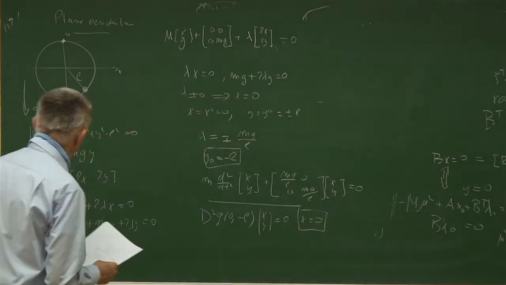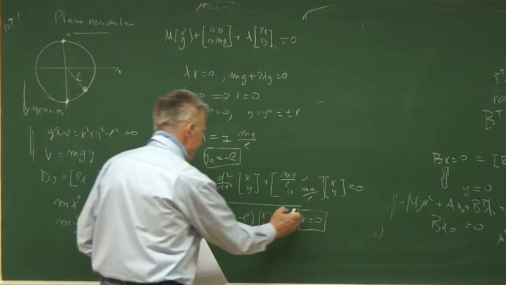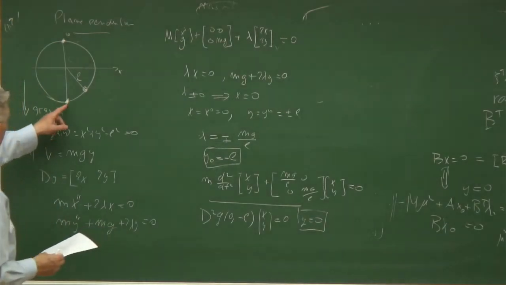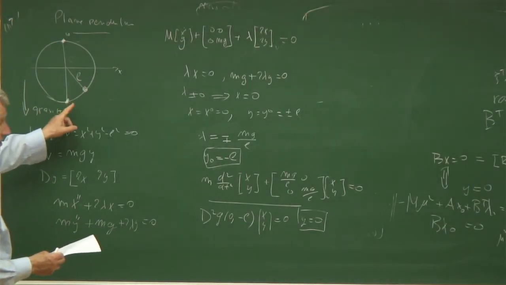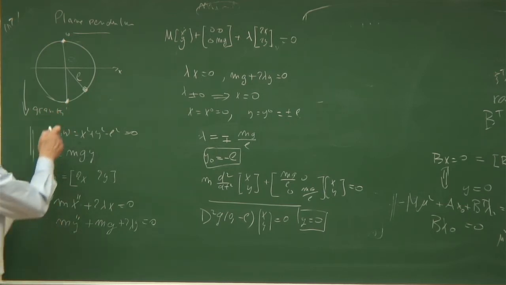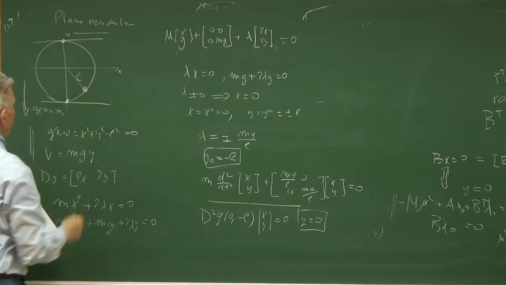Well, oh, no, y is 0. It doesn't oscillate this way, but just this way in both cases. So this is a tangent space, up there and down there.